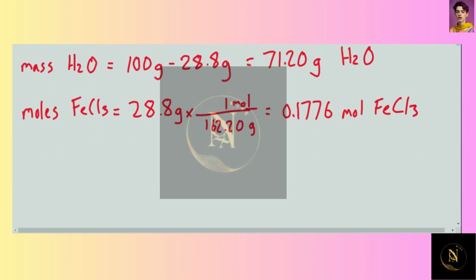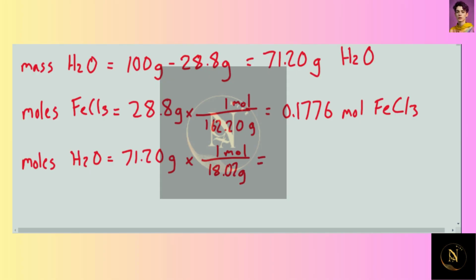We can do the same thing for water. We take the mass that we have, 71.20 grams, and divide it by the molar mass, which is 18.02. And we get a value of 3.9512 moles.